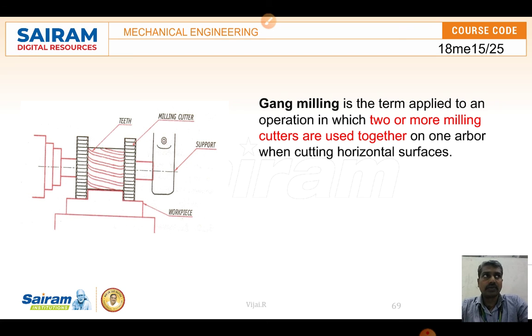When the workpiece is moved in relation to the cutter, the unwanted material is removed from the raw material, and we can make different types of products at the same time. In one rotation we are doing several operations by using gang milling cutters.